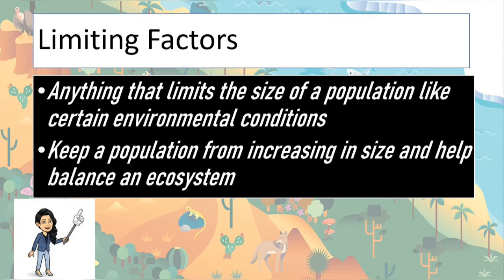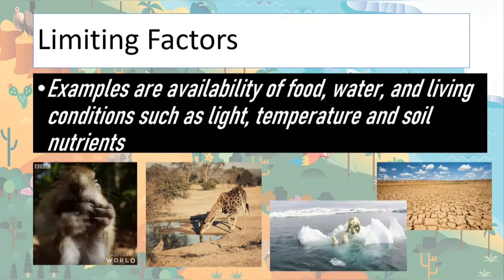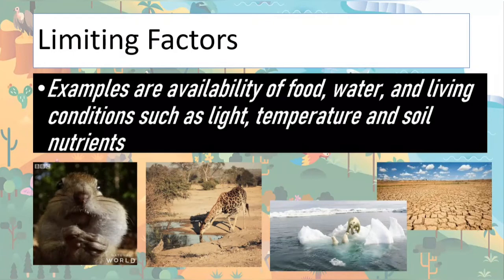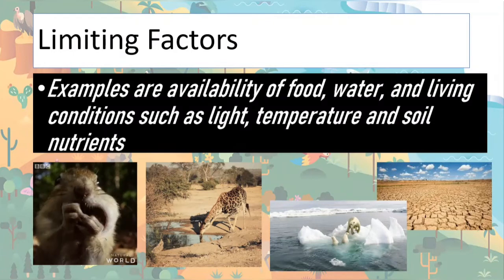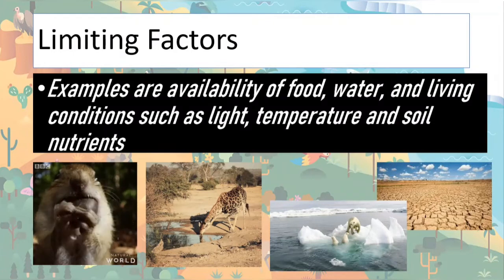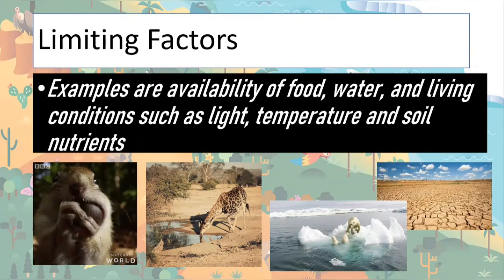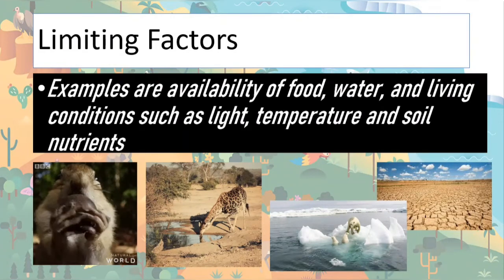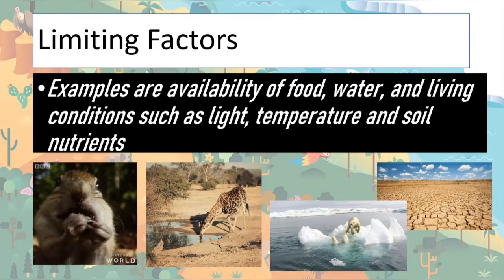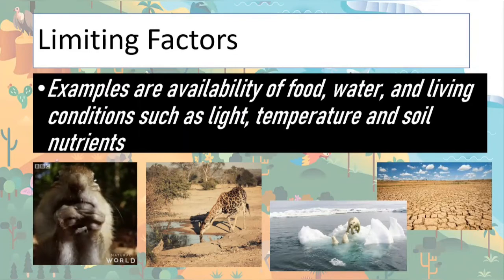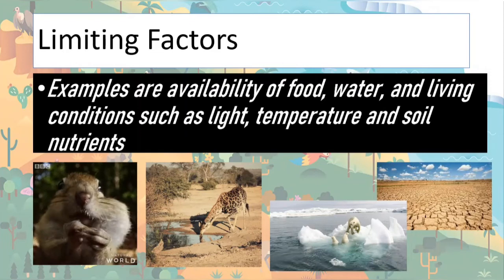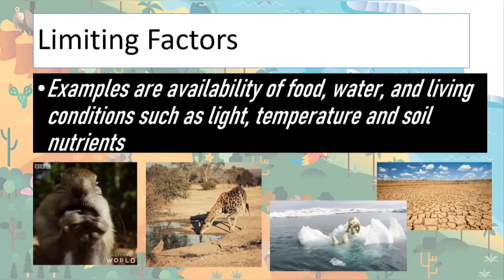For example, if there are not enough prey animals in a forest to feed a large population of predators, then food becomes a limiting factor. Examples are availability of food, water, and living conditions such as light, temperature, and soil nutrients.